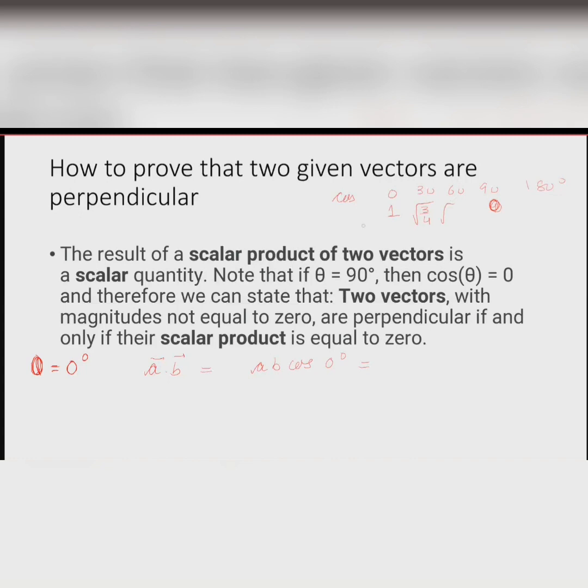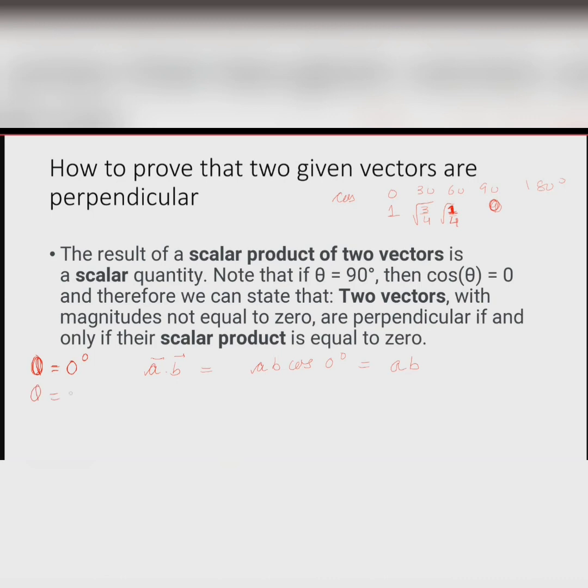I missed 45, so this would be 1 by root 2. So AB cos 0 simply becomes AB, which gives me the maximum value of the dot product.